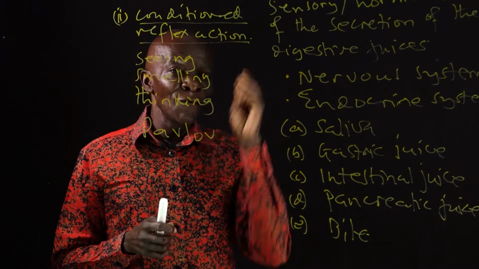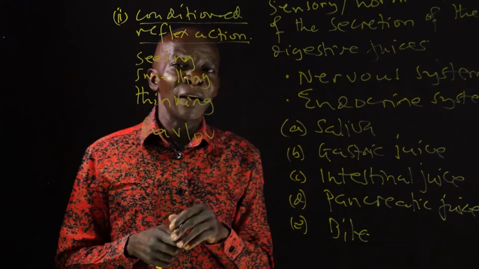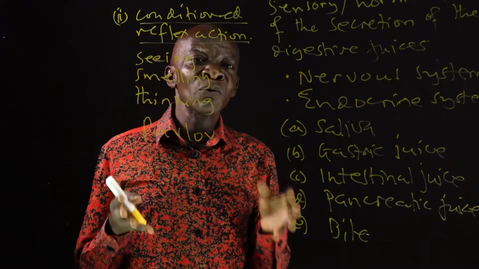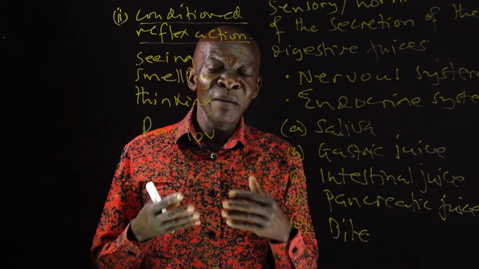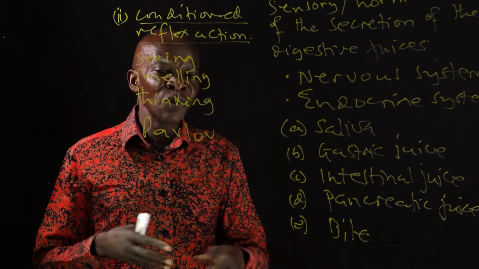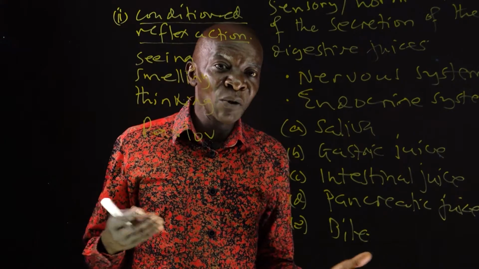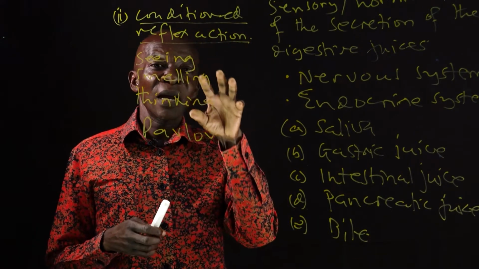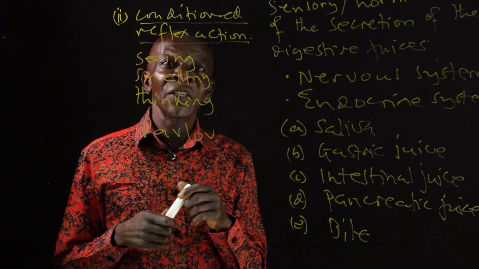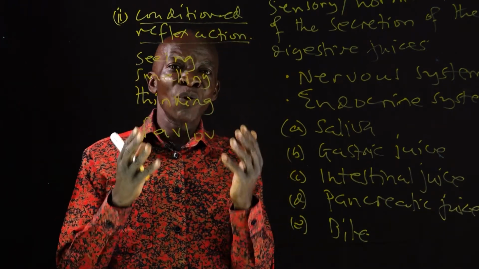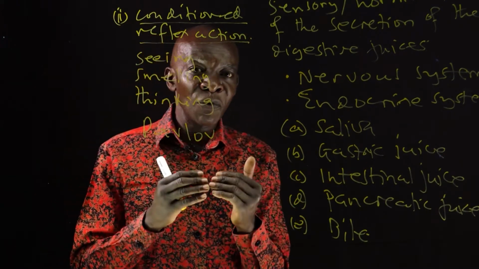Therefore, following the ringing of the bell, the dogs started to salivate. They learned that when the bell goes, the food is coming. So salivation came automatically. That is how conditioned reflex action occurs to cause the release of saliva.